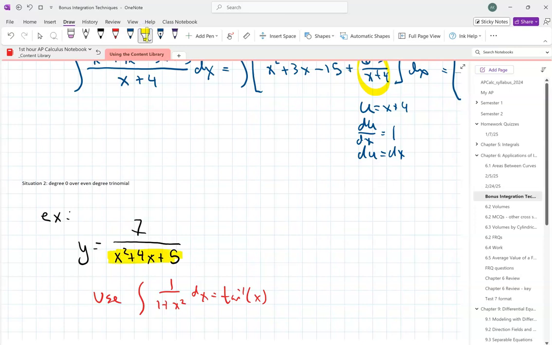Do you remember how to do that? How do I take an even degree trinomial and write it as something squared plus a constant? That's the one, yeah. Whoever mumbled it, completing the square is exactly what we're looking for.